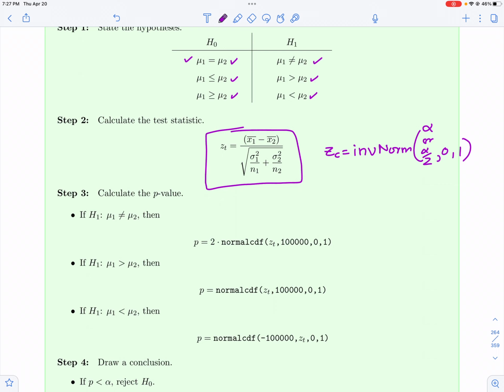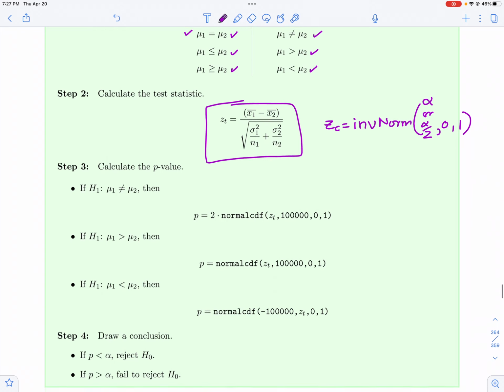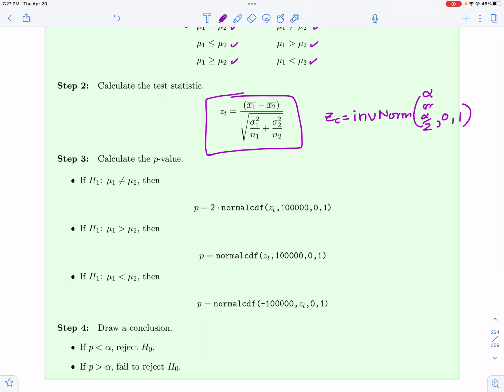All right, step 3 is almost exactly the same as before. We're going to be using normal CDF in our two-tailed test and making sure we multiply that by 2, since our alpha is divided in half and covers both the left and right hand side of our normal curve. For our two one-tailed tests, it's just plain old normal CDF, and it depends on whether it's a greater than or less than.